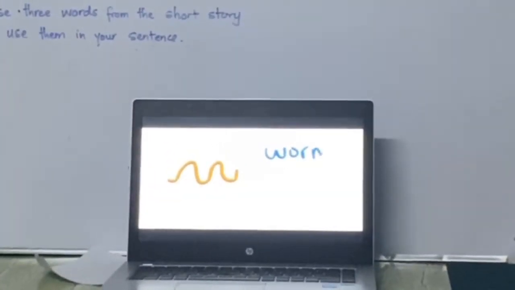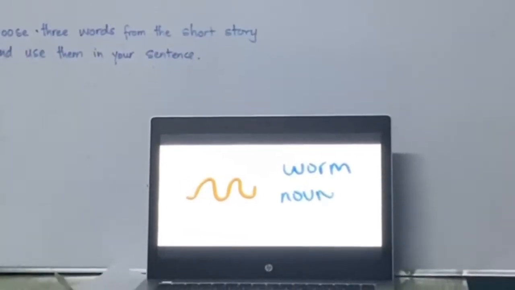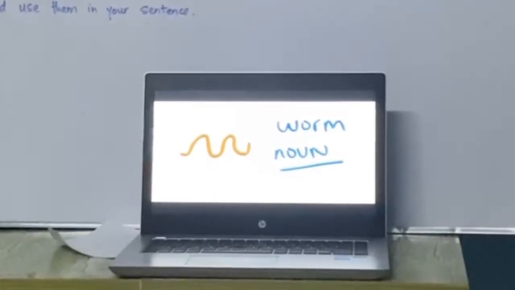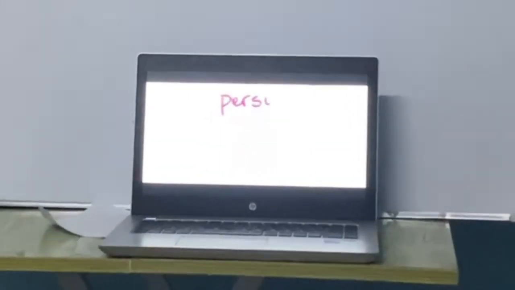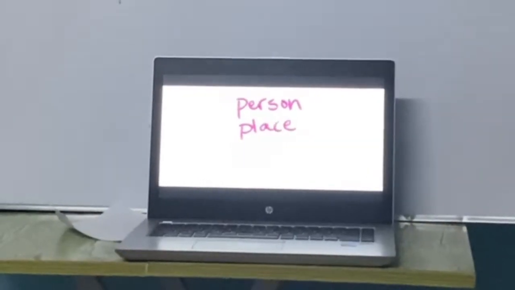So the word worm names this thing, and it makes it a noun. That's all a noun is. It simply gives a name to a person, a place, or a thing.